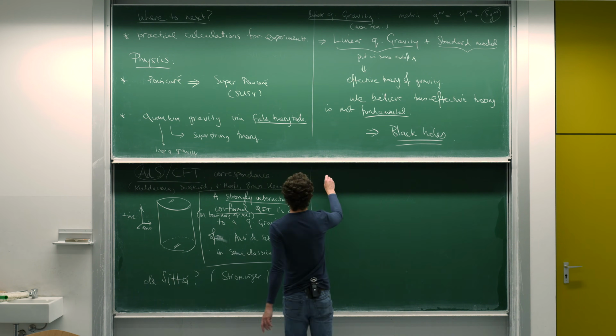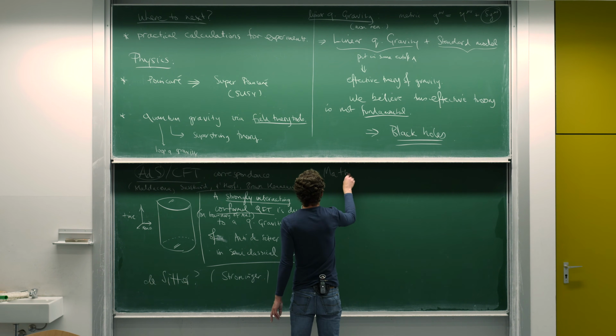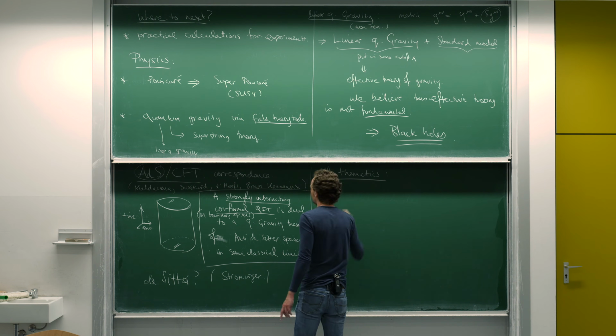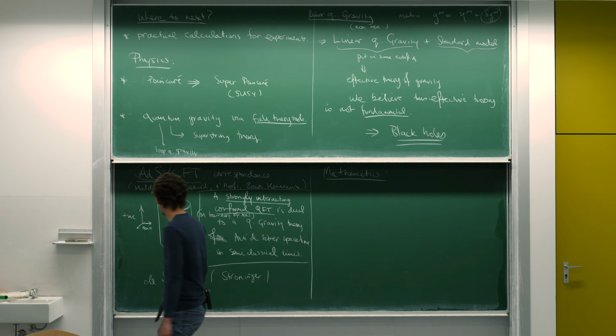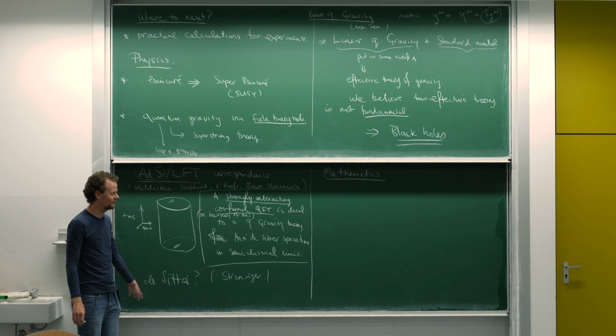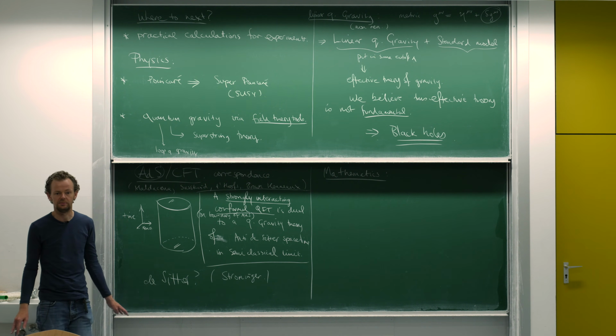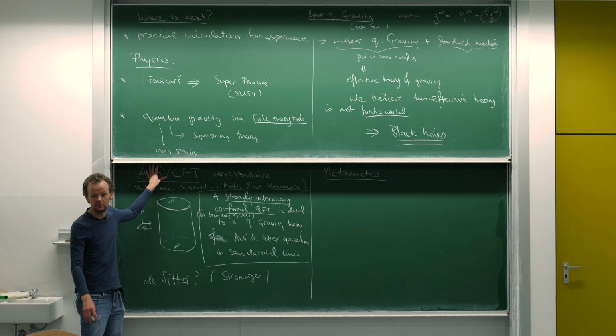Well, that's the physics side. Oh, before I finish the physics side, I might mention that quantum information theory has very recently been shown to be extremely helpful in understanding this duality here.